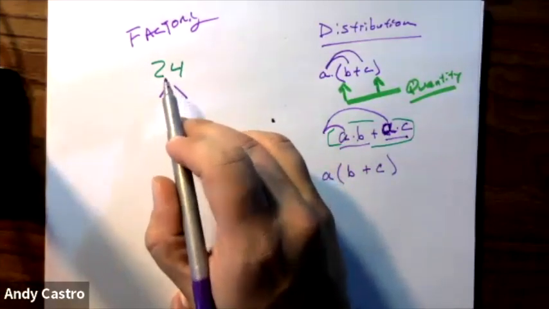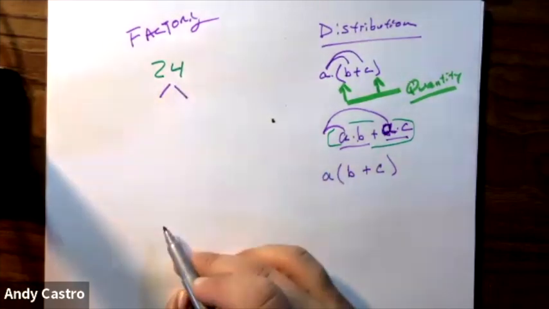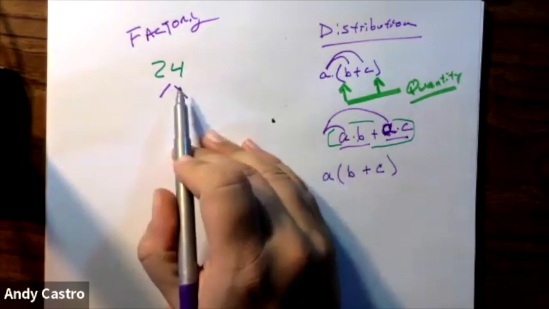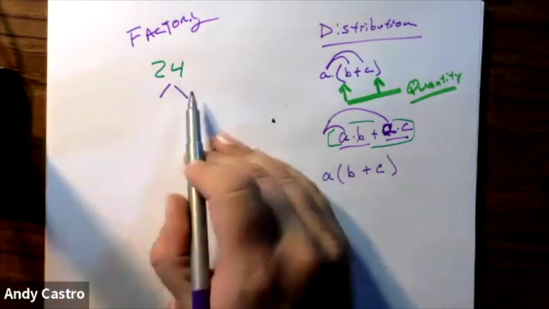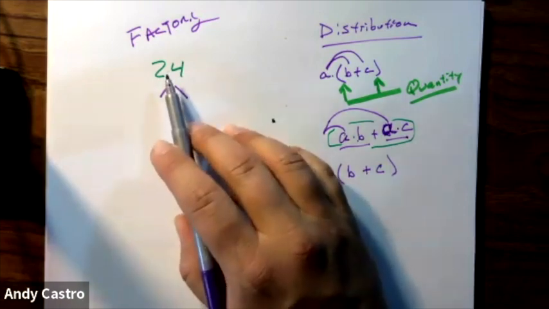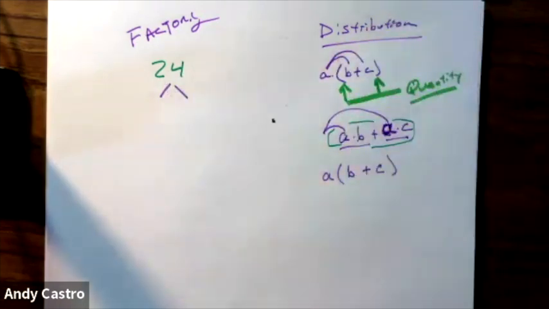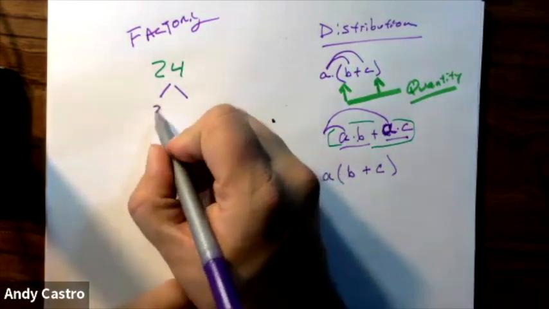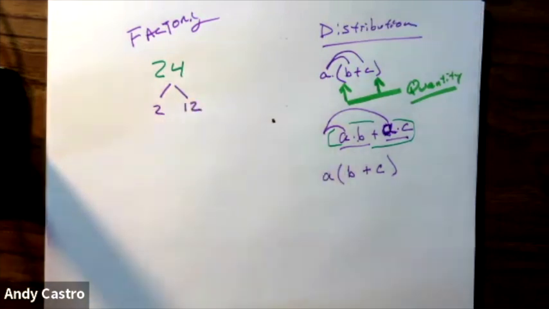So I'm going to factor this number 24 all the way down to the prime factors, okay? So all I need to do first is figure out, okay, what two things can I multiply together to give me 24? And they could be anything. You can use 4, 6, 2, 12, any of the factors you can start with. So let's just say 2 and 12 is what we start with.